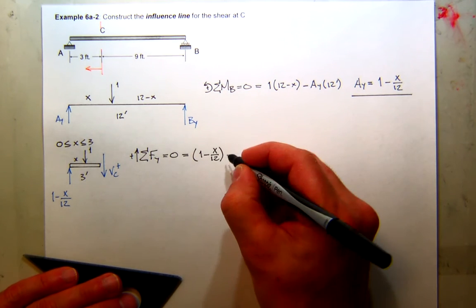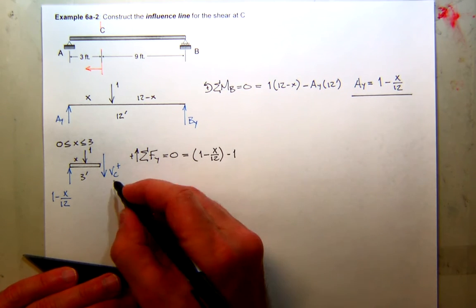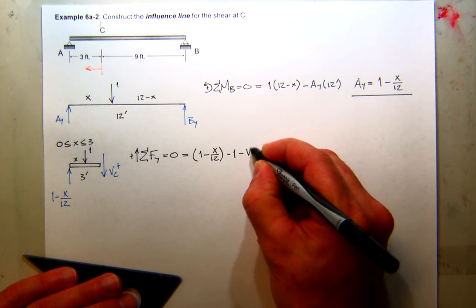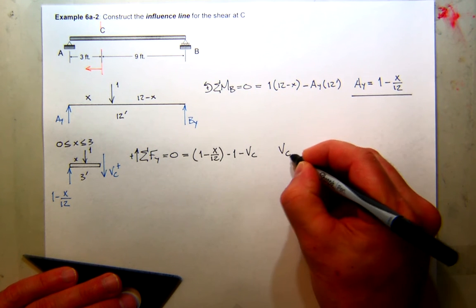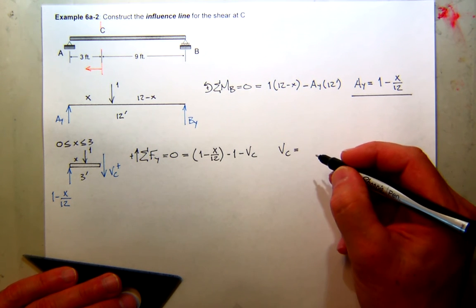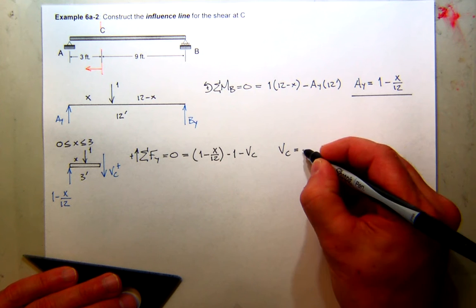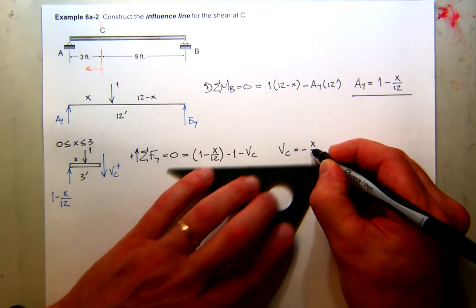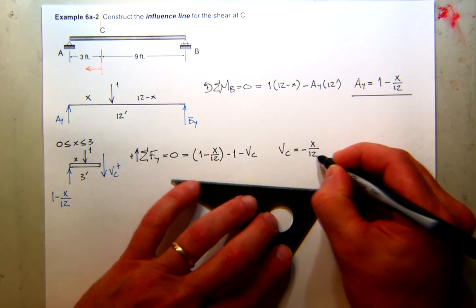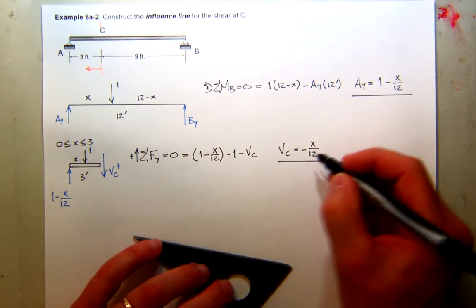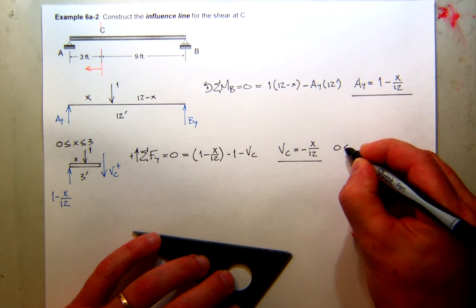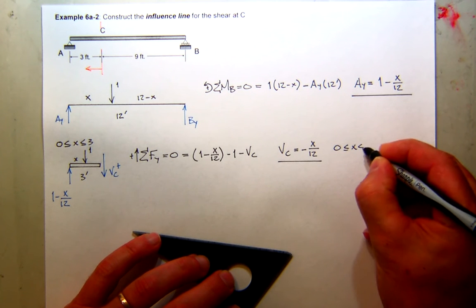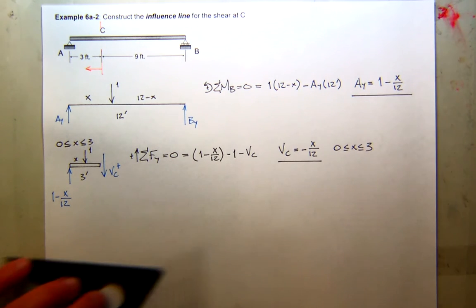I've got this down, minus 1, and I've got my shear down. So I solve for the shear at C, and what do I get? Negative x over 12. Remember, this is only valid between 0 and 3.